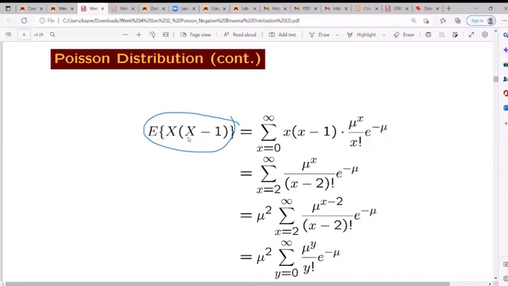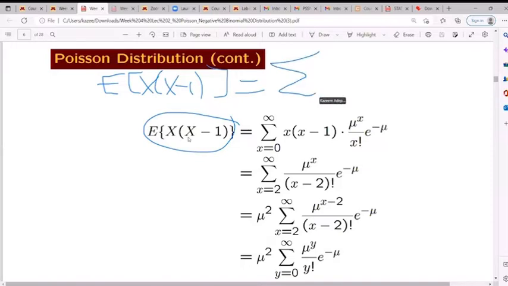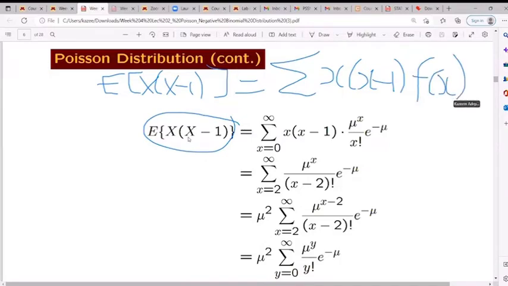We want to find the expected value of x into x minus 1. For any discrete random variable, it is going to be equal to this, where f of x is the Poisson distribution, because the Poisson distribution is the distribution under consideration.